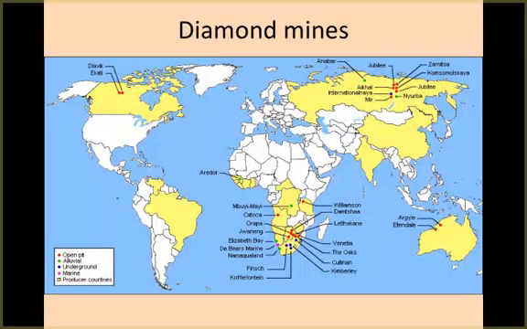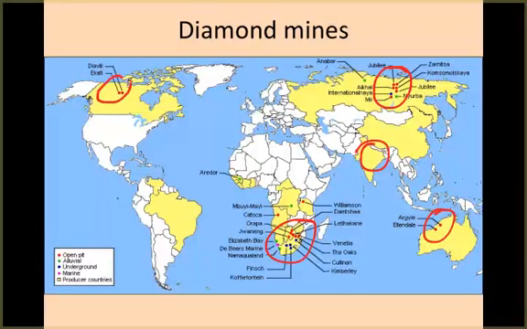Here's a map just to give you an idea of where kimberlite volcanoes are located. And I'm just going to use a map of diamond mines around the world to do that. So these mines, the most productive ones are probably in Siberia, in Russia, in South Africa, in Australia, and India.